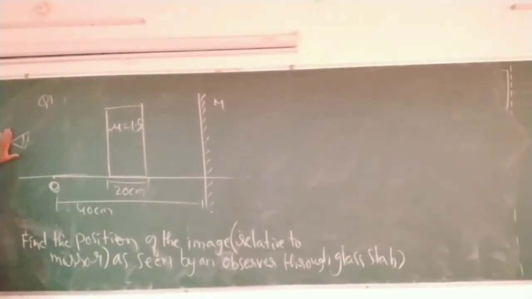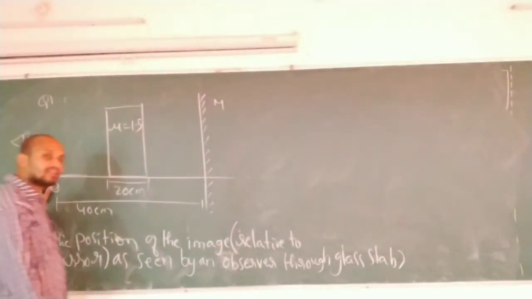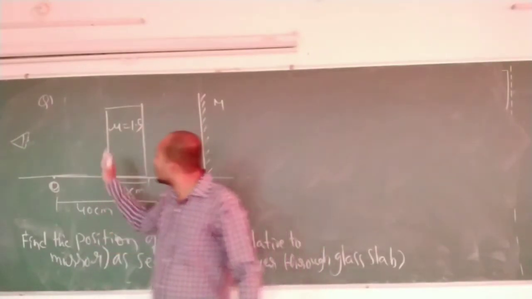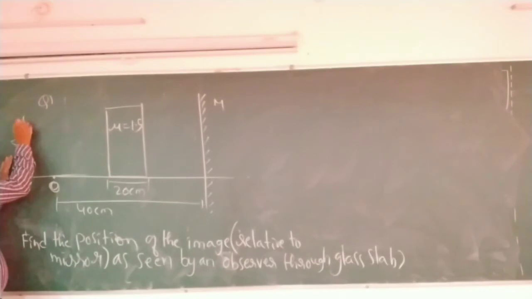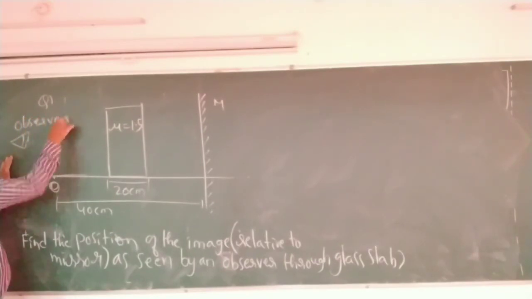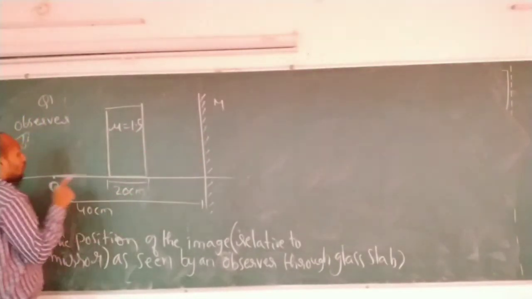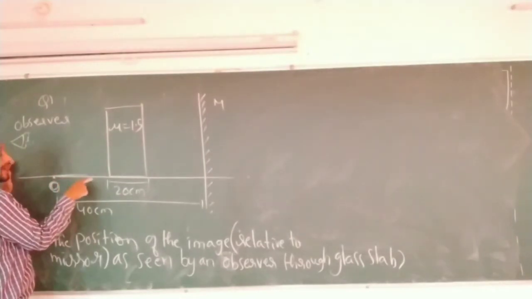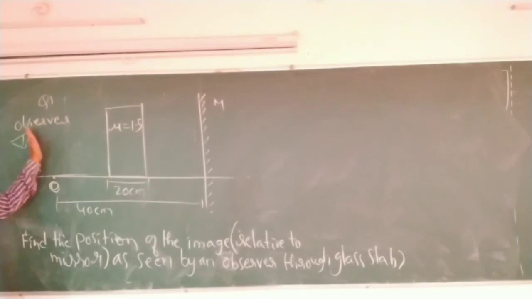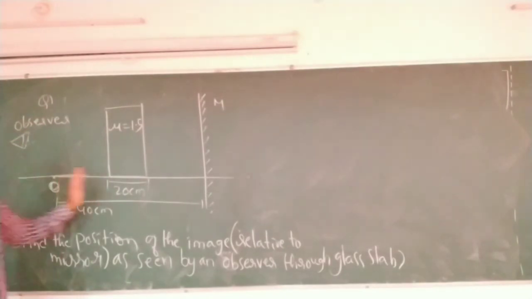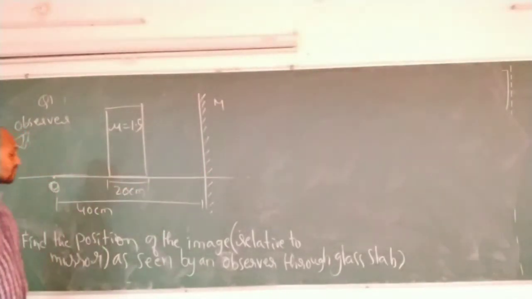If an observer is here, he has to see this object in the mirror. What will be the position of the image relative to the mirror? Instead of seeing the object directly, he will see it somewhere else.